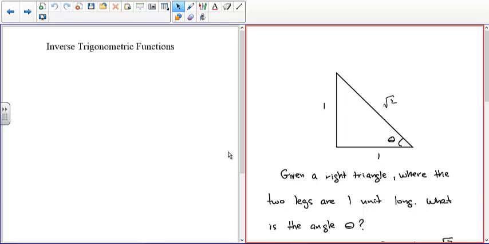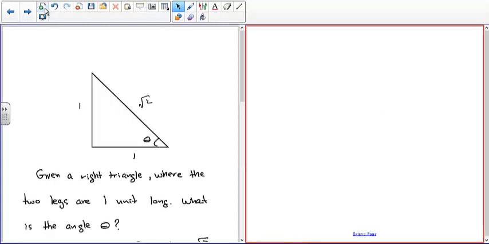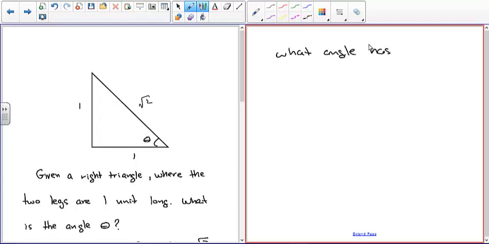We use the inverse trig functions to pose that question. We could ask it three different ways. What angle has a sine value of 1 divided by the square root of 2?